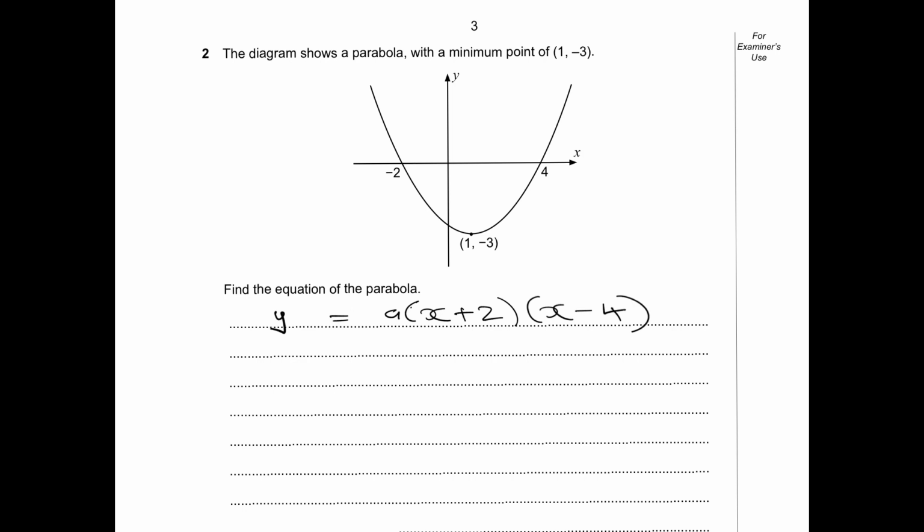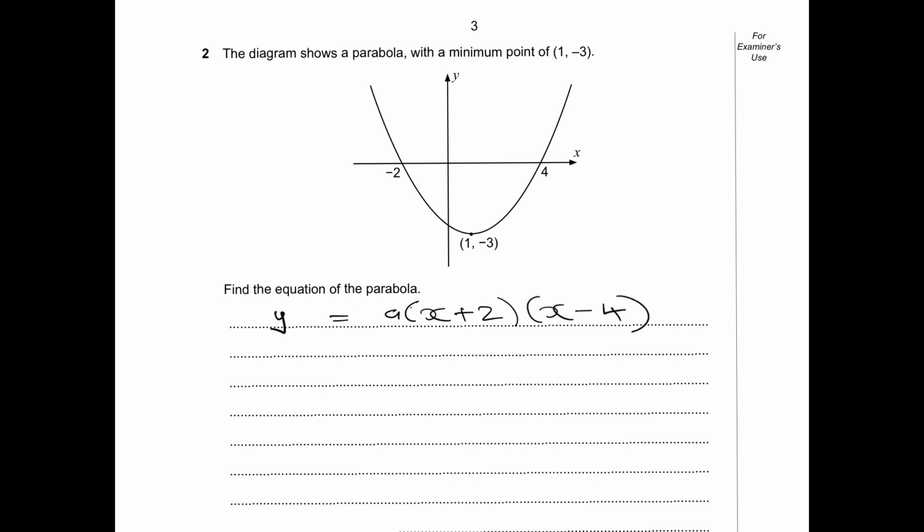Okay, so these are our x-intercepts that we see there. So what we then need to do is to substitute another point that we are given here, our x value and our y value, for us to be able to get our a.